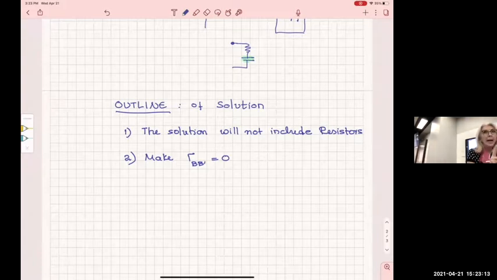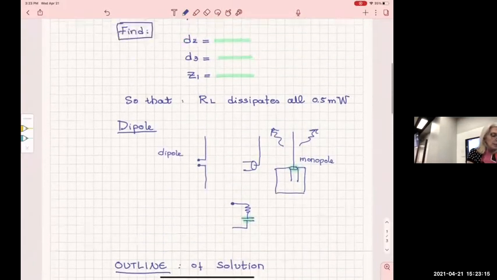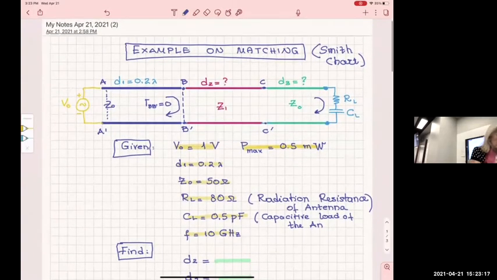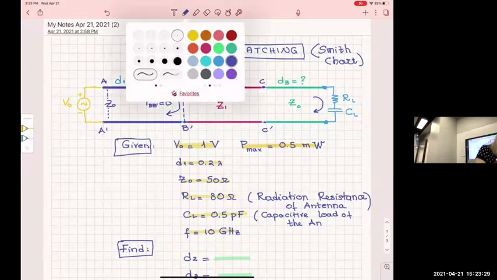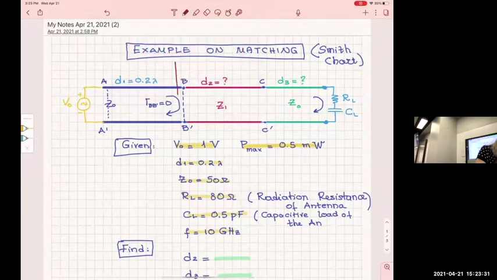That implies, what does that mean? That implies that the input impedance, which I'm going to do with red, the input impedance here, how much is this going to be for the reflection coefficient to be 0?